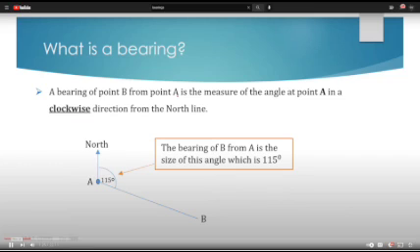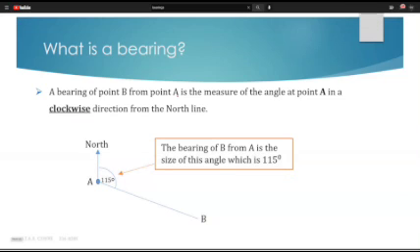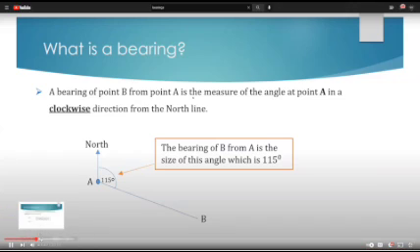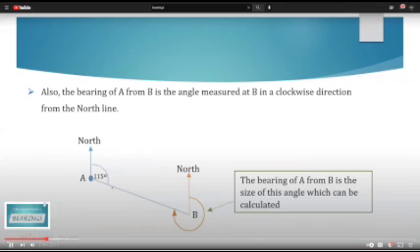However, our direction in this case, to be very specific, we are not going to use north, south, west, and east. We are using degrees or bearings, which gives us a more accurate direction. So, a bearing is a measure of the angle in a clockwise direction.